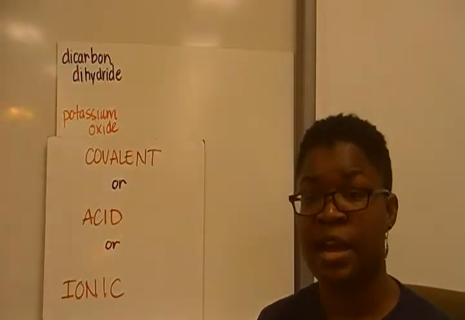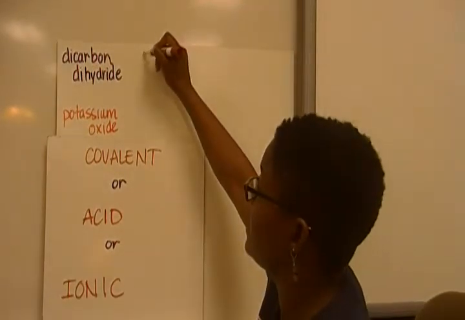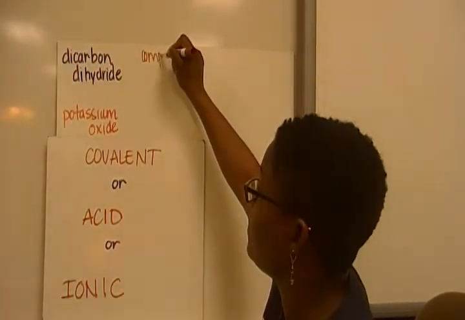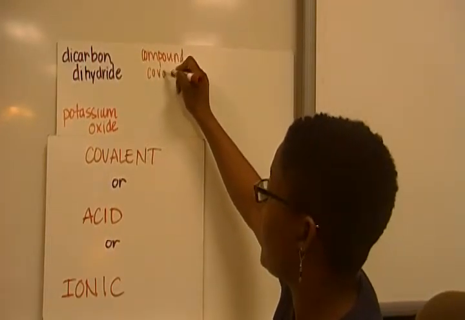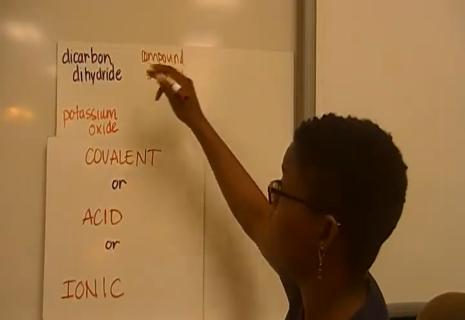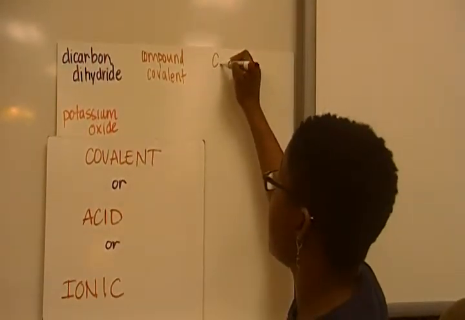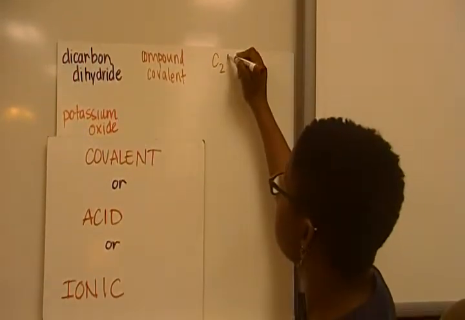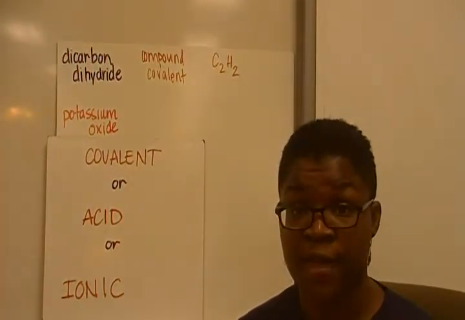You have carbon and hydrogen, both of which are nonmetals. So we know that number one, this is a compound because it includes two elements, and it is a covalent compound. And its formula is in its name. So carbon, dicarbon, dihydride. That is the proper formula for that one.